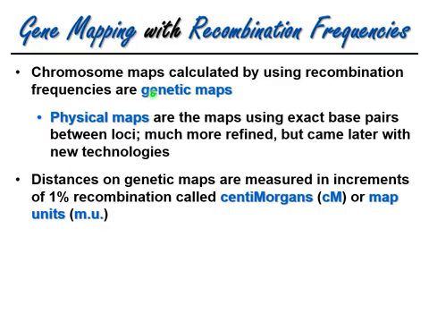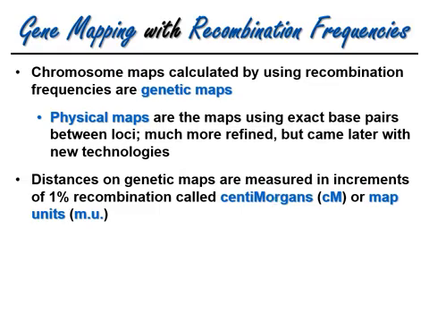Okay, so now let's go back to genetic maps. Let's go back to gene mapping with recombination frequencies. So Thomas Hunt Morgan and his students basically determined that distances on genetic maps are measured in increments of 1% recombination frequency. And so they called that a centimorgan. You could call them map units, or you could give Morgan his due and call them centimorgans.